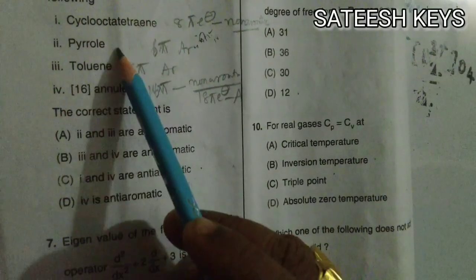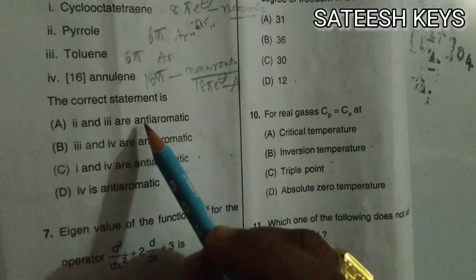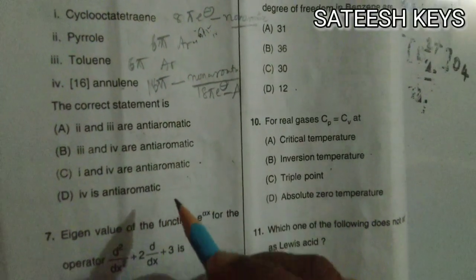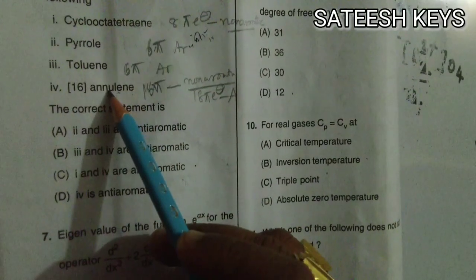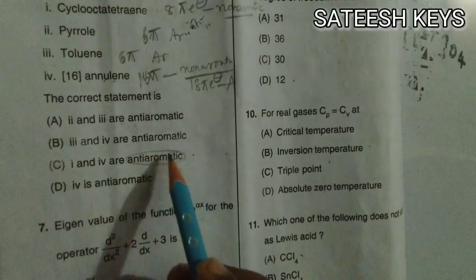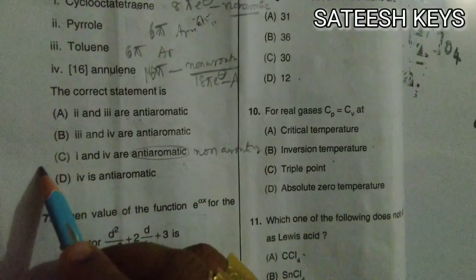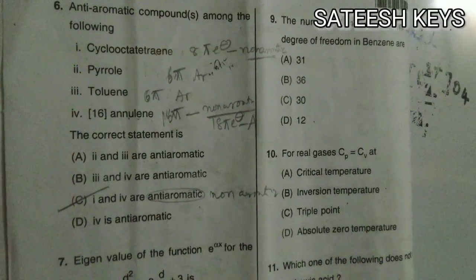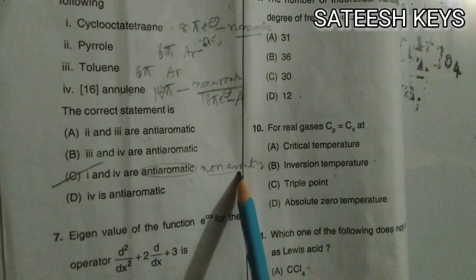Pyrrole and toluene are aromatic, and here no answer is present. If you consider both 1 and 4 as non-aromatic, then option C is correct. When 1 and 4 are non-aromatic, the answer C is correct.